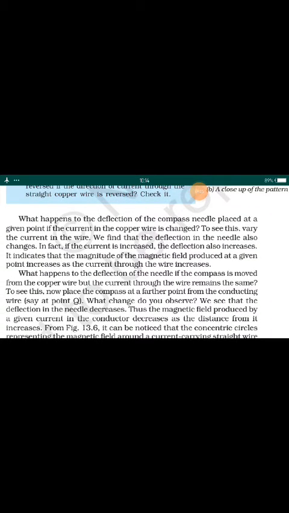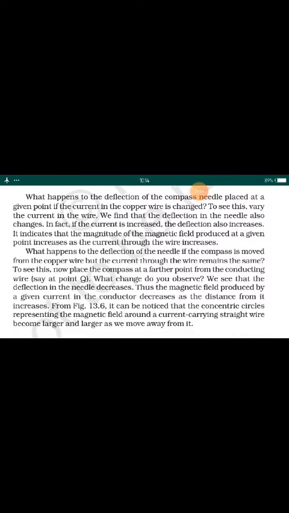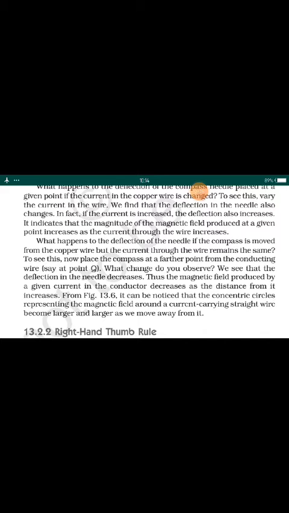What happens to the deflection of the compass needle placed at a given point if the current in the copper wire is changed? To see this, vary the current in the wire. We find that the deflection in the needle also changes.